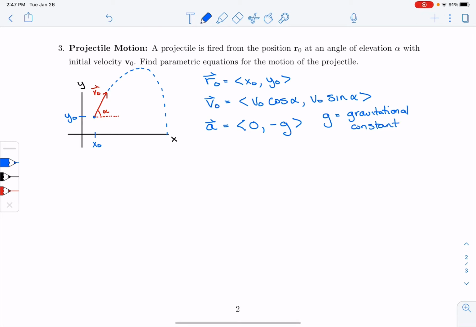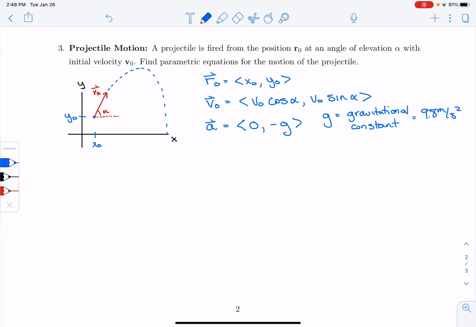So that's 9.8 meters per second squared. The only force acting on this object is going to be gravity. So that means that it's feeling an acceleration only in the vertical direction. That's going to be minus g.